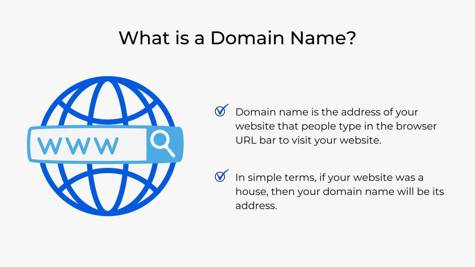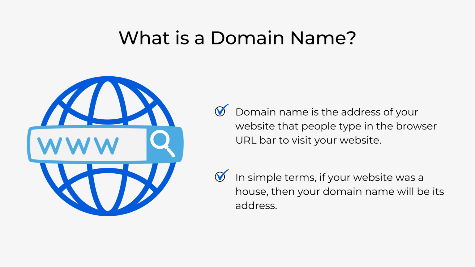So now moving on to the domain name. So what actually is a domain name? You need to understand this too, because these are little pieces of information, but if you are not from a technical background, understanding these little bits of information can be very useful to you. So a domain name is the address of your website that people usually type in the browser to visit your website.